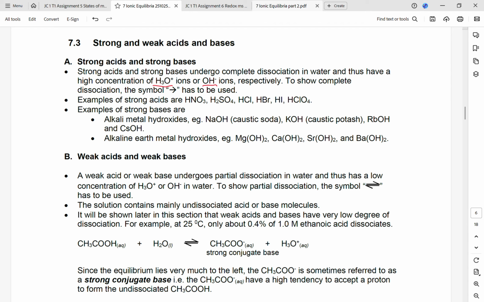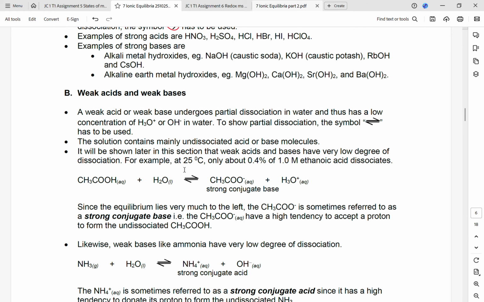To express complete dissociation, we also use this one-sided arrow, not the reversible arrows. And examples of strong acids and bases are the following.